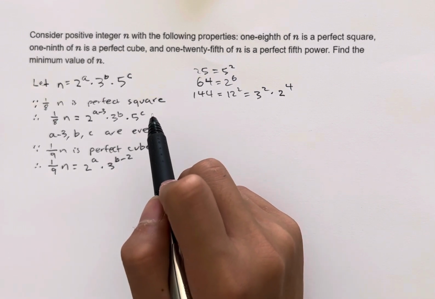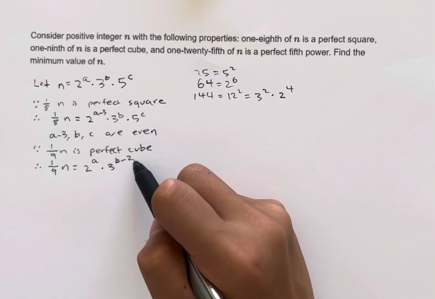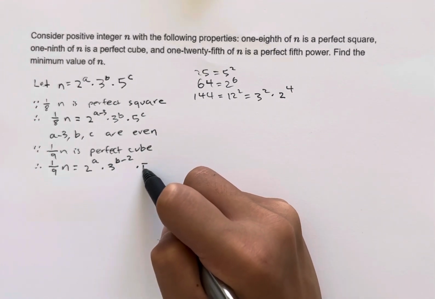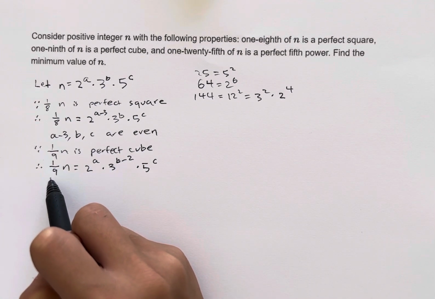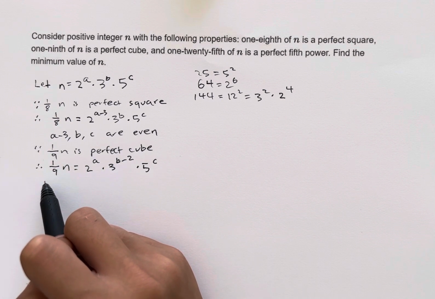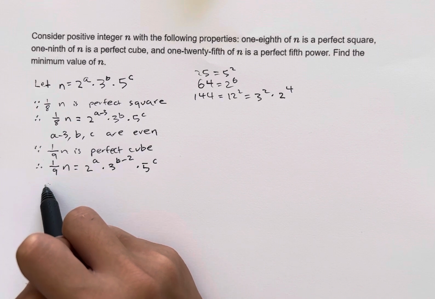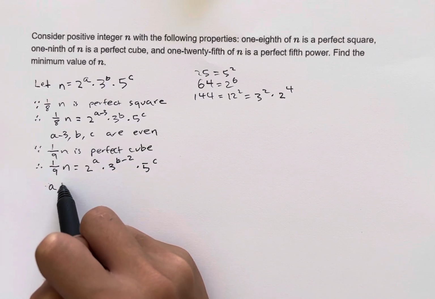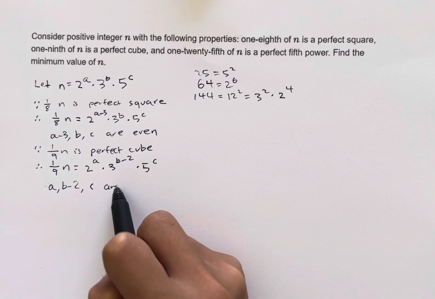So 3 to the power of b times 1/9 equals 3 to the power of b minus 2, times 5 to the power of c. And since it's a perfect cube, each exponent will be a multiple of 3. So a, b minus 2, and c are multiples of 3.